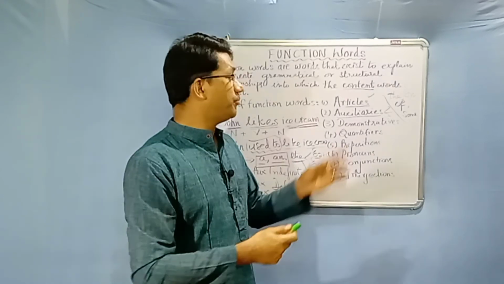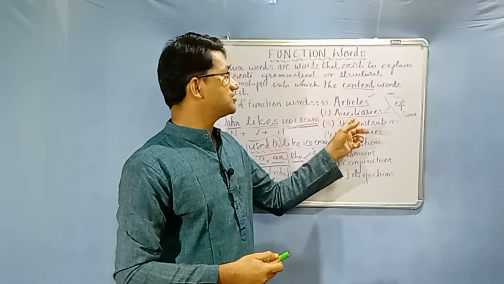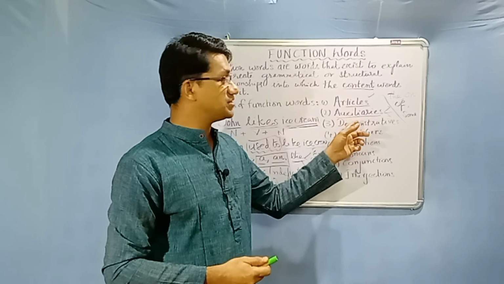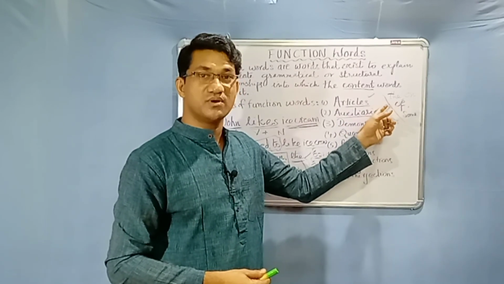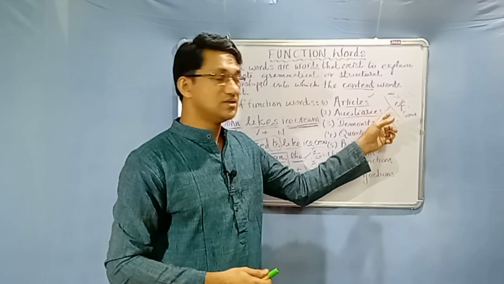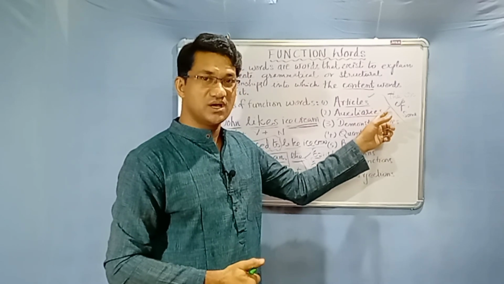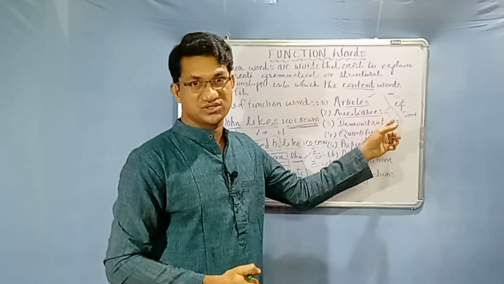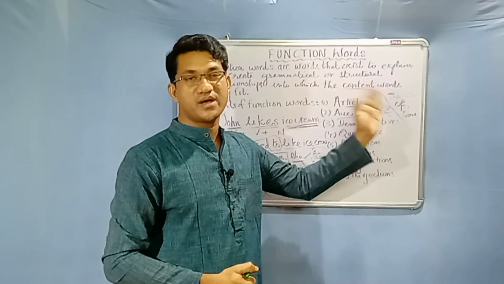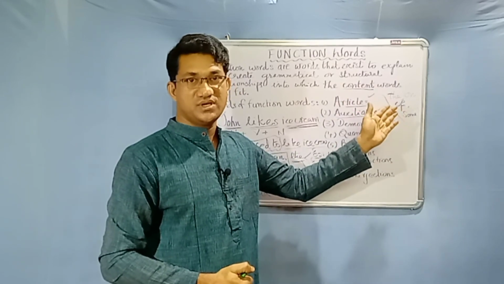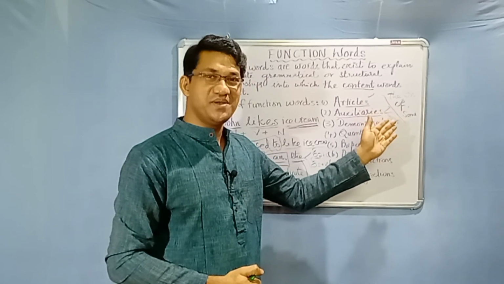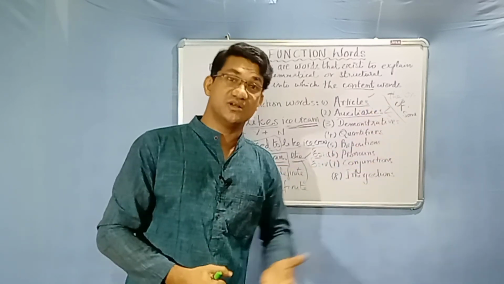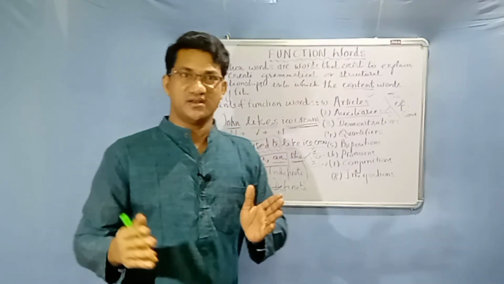So we have three types of auxiliary verbs in the second group of function words. Number one, primary or principal auxiliaries; number two, modal auxiliaries; number three, semi-auxiliaries or marginal auxiliaries. With that we will wind up this lecture.